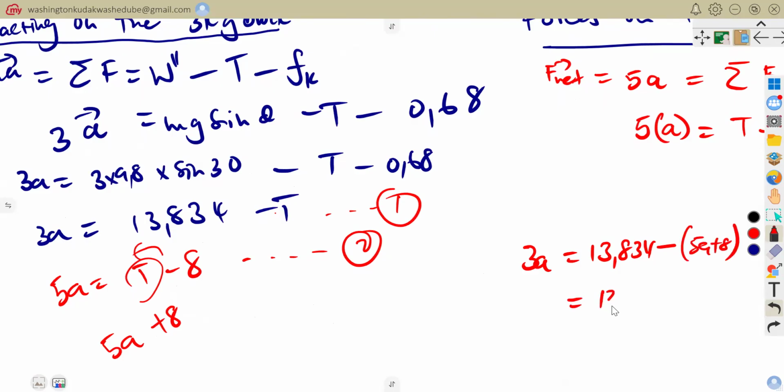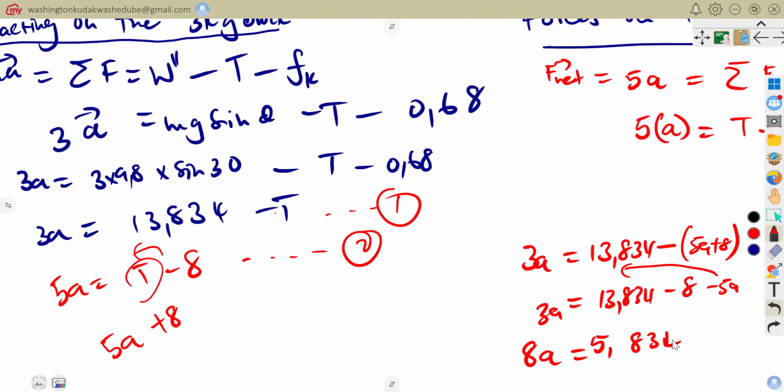That is 13.834 minus 8 minus 5a equal to 3a. I'll take this to that side, so 8a is equal to 13.834 minus 8, which is 5.834.